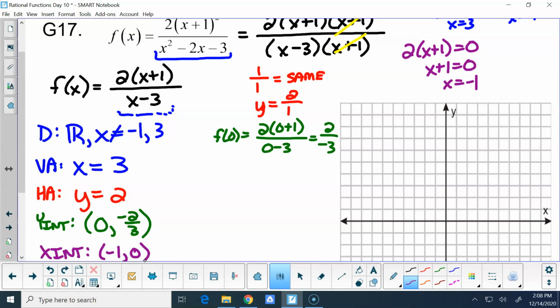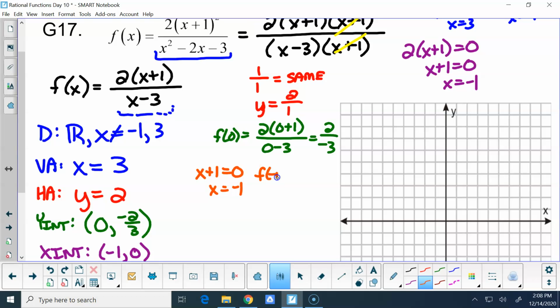There is a hole because we crossed out the x plus 1. So I'm going to set that equal to 0. Solve it. Gives me negative 1. Okay. So that's going to be negative 1. I plug that back into my function.